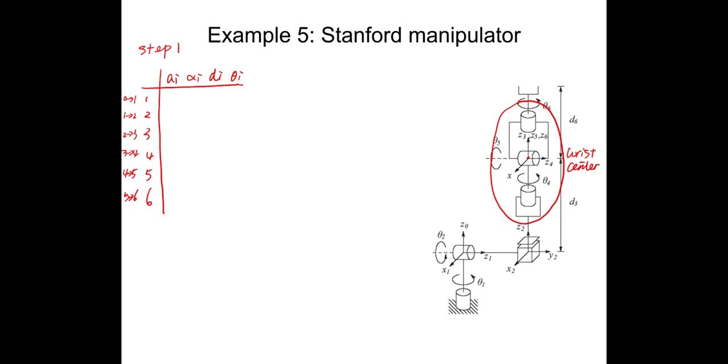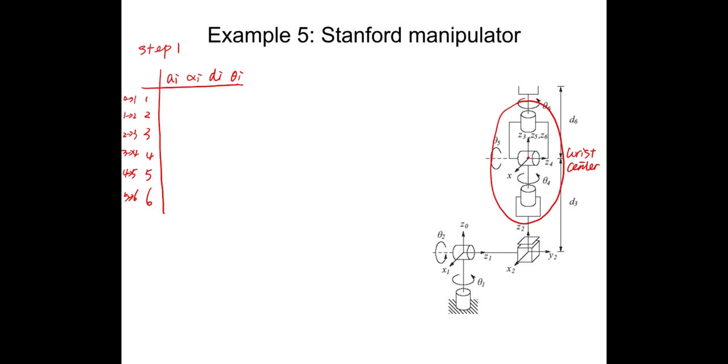The first one is from frame 0 to frame 1. Okay, so it already gave us this is Z0, and the Z0 and Z1 frames. Now let's start to do the analysis for each transformation.